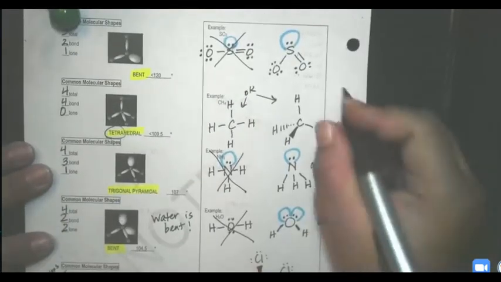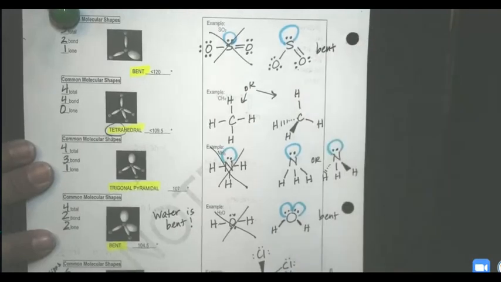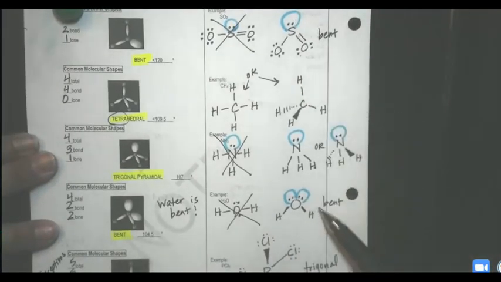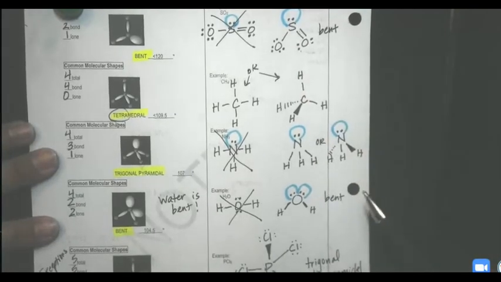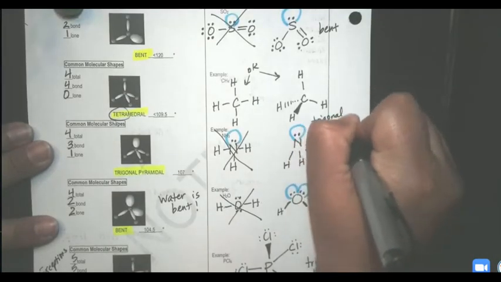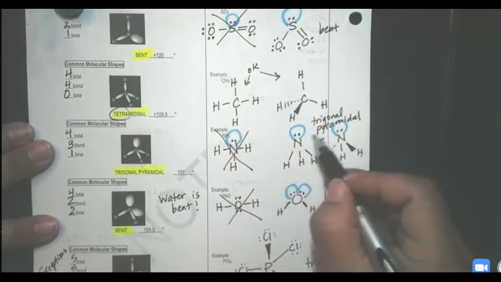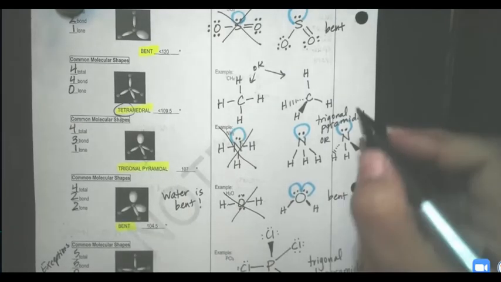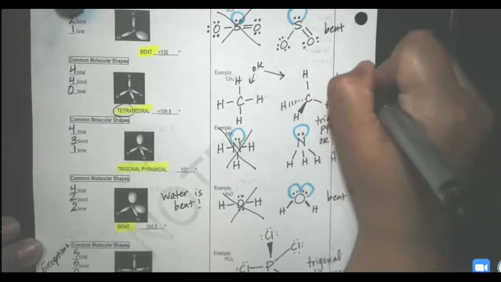And yes, there is another bent up here. 2 out of the 3 special ones that have lone pairs are bent. So that's going to be easy to remember. This one here, though, is called trigonal pyramidal. So this one here, trigonal pyramidal. And then the last one here is tetrahedral when all 4 things are attached.